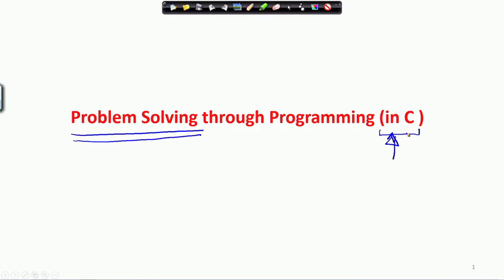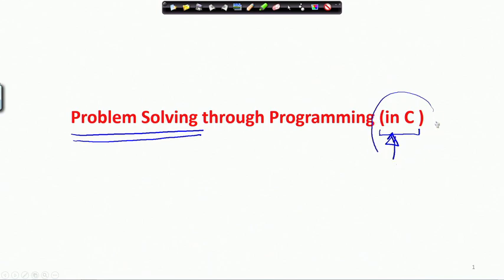The reason is that C is just one of the languages using which we can do programming. There are other languages like, as many of you know, Java, C++ and others, using which we can also do programming.